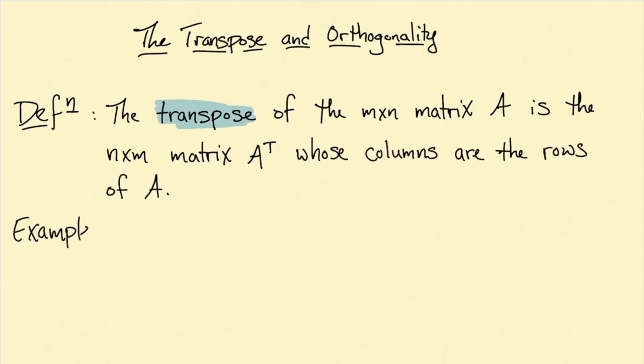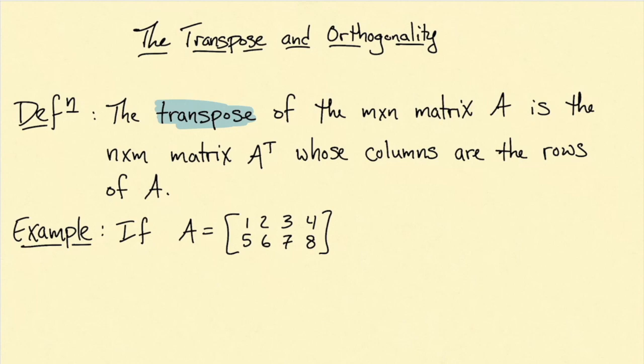For example, if A is the matrix with columns 1, 5, 2, 6, 3, 7, and 4, 8, then the transpose of A is a 4 by 2 matrix, and its columns are 1, 2, 3, 4, and 5, 6, 7, 8.